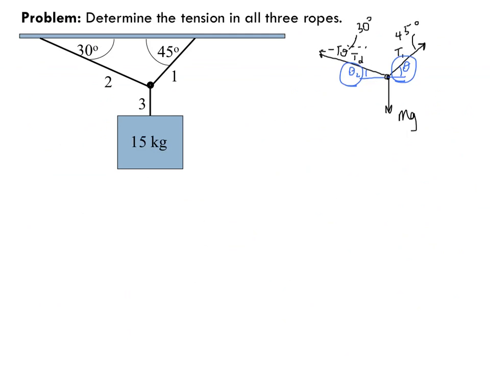So first things first, I want to solve for the components of my tensions. Here on this side will be tension 1 sine of theta. Down here will be tension 1 cosine of theta.